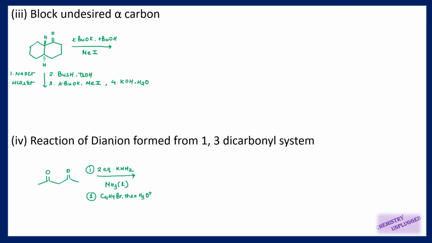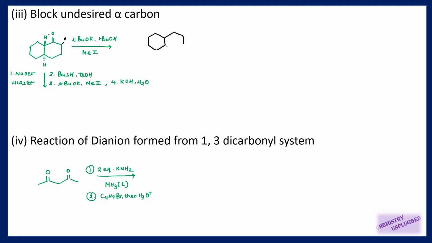Then third is if we can block the undesired alpha carbon. For example, in this case we have two types of proton here, one at this ring junction and second one at this, right? So if I want to do methylation at this carbon, I have to block this carbon. If I am using this tertiary butoxide in presence of butanol, this tertiary butoxide is a bulkier base, so it will preferentially remove the proton from the less hindered carbon, right?